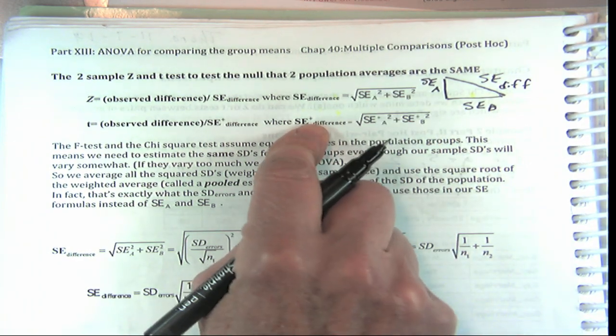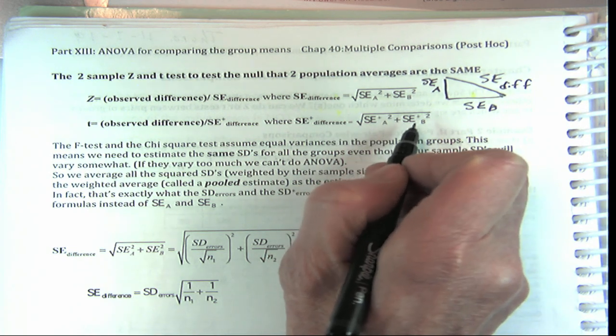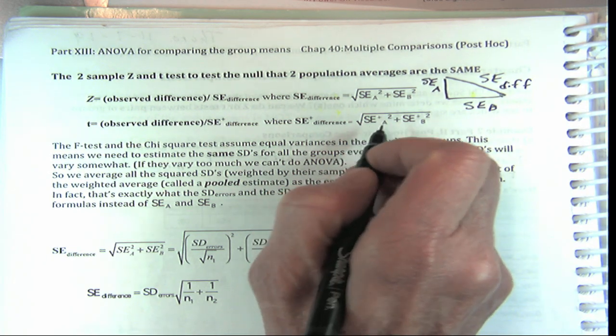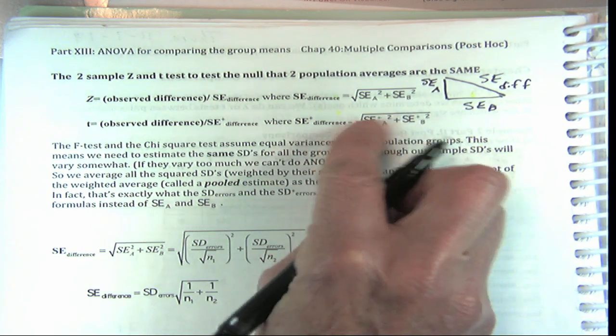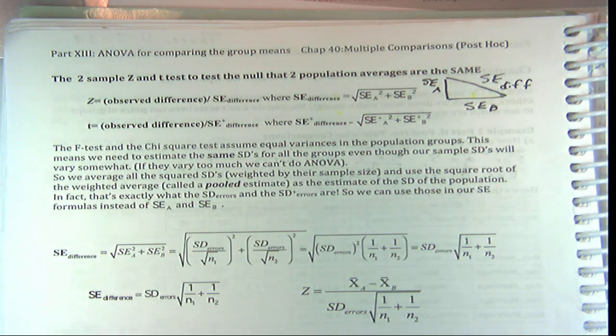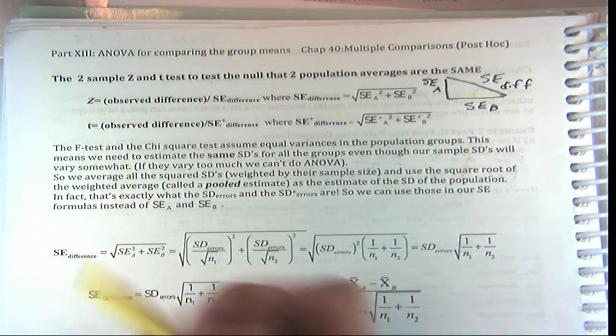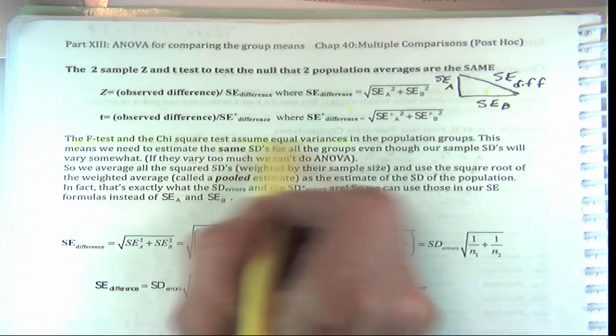And then, this is for a z-test, for a t, we just make those a little bit bigger by dividing through by n minus the number of parameters. You're used to n minus 1, but now we have more parameters, okay? So that's what we've already done. Now, the F and chi-square test make this assumption about equal variances.